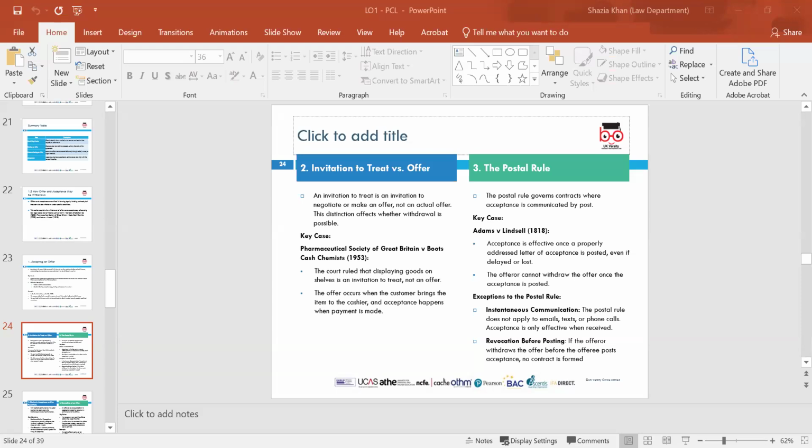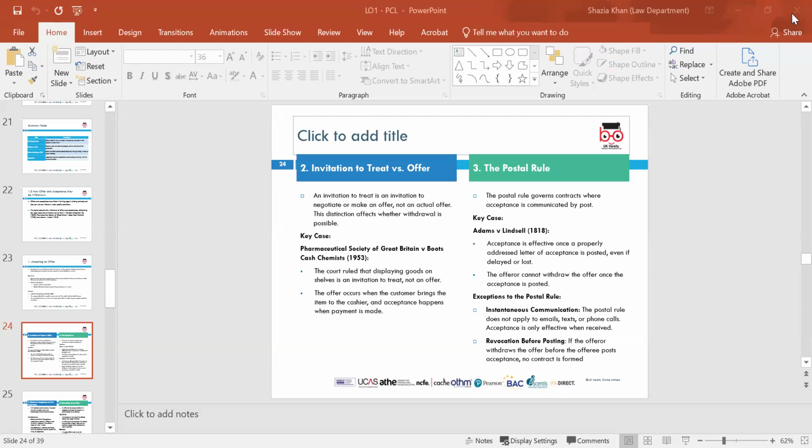Where acceptance is by email, either the postal rule or the reception rule could be applicable, because although email is generally instantaneous, it can be delayed in some circumstances. Businesses should specify the acceptance methods and timing of acceptance in their contract to reduce any ambiguity.